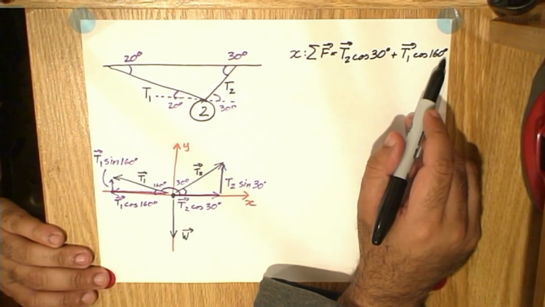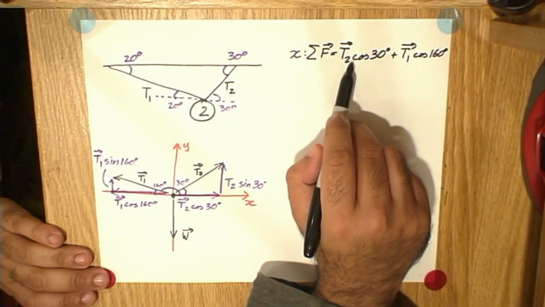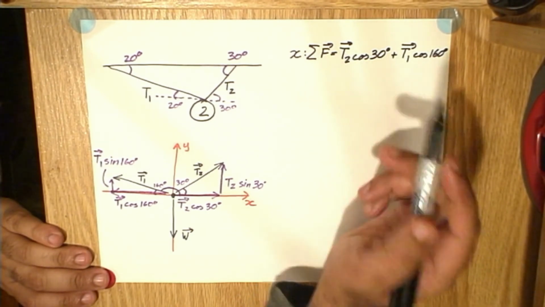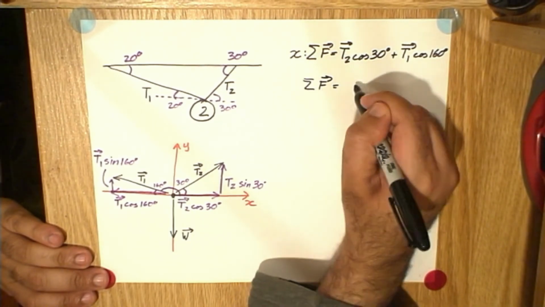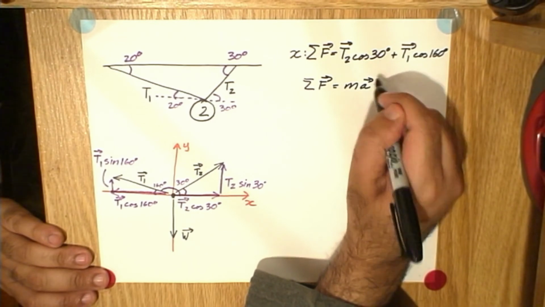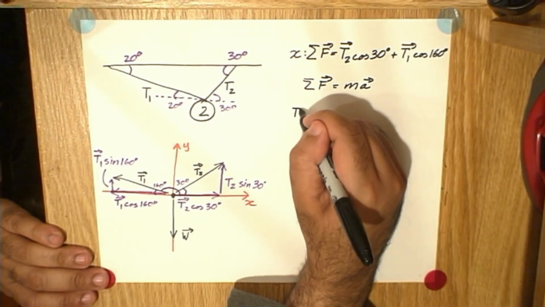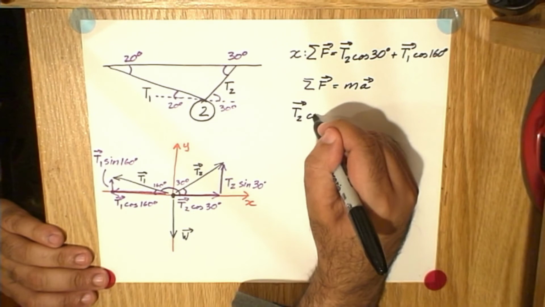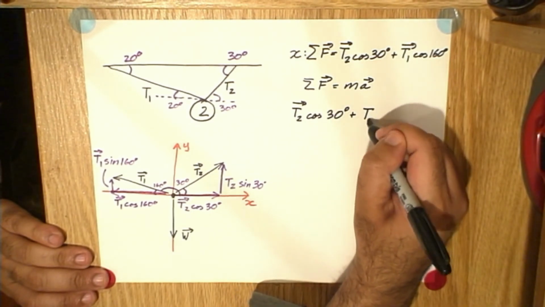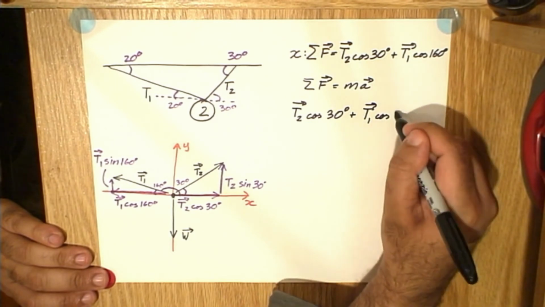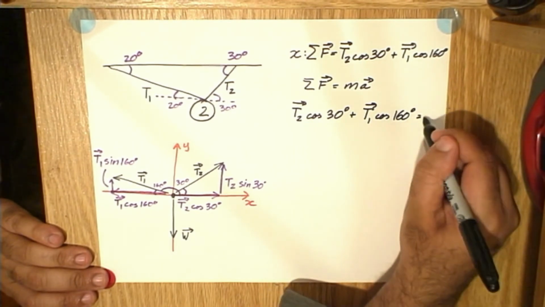Cos 160 happens to be negative, so basically this is going to turn into a subtraction. Now the total force is equal to mass times acceleration. So T2 cos 30 degrees plus T1 cos 160 degrees equals mass times acceleration.